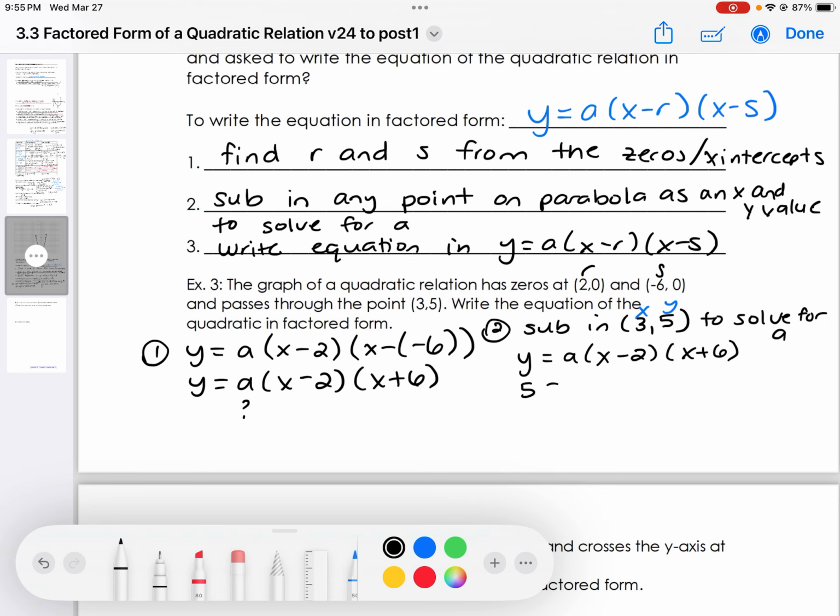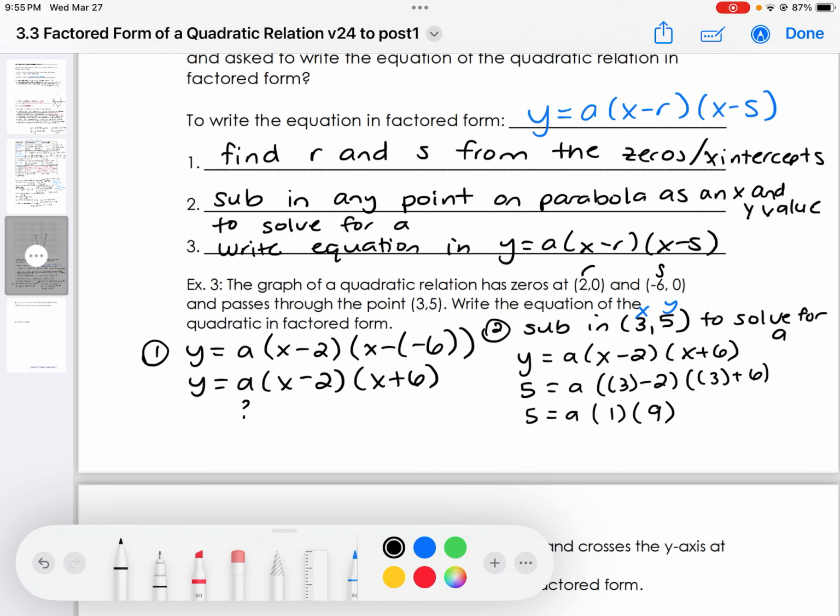So Y is 5, A we don't know now, X is 3. There are 2 X's in factored form, so we sub in the 3 twice. Okay, this looks nasty, but we're just going to do the brackets. So 3 minus 2 is 1. 3 plus 6 is 9.